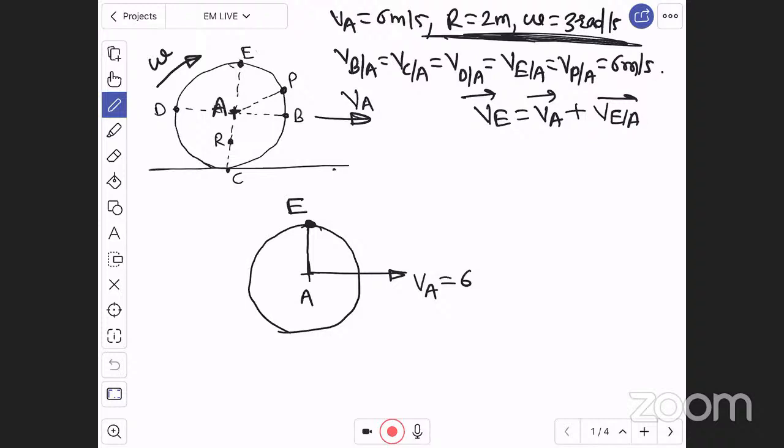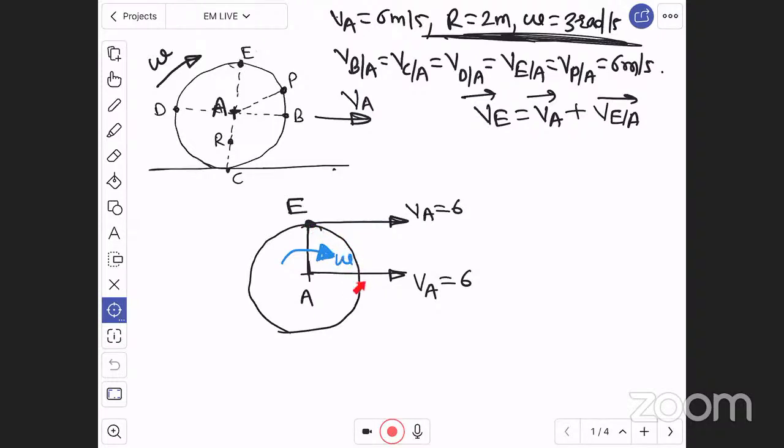This is velocity of A, which is 6, and wheel is rotating in clockwise direction with angular velocity omega, right? Therefore, can you see here? This point E will move towards right with respect to A because of this angular velocity. The point E will go downward like this.